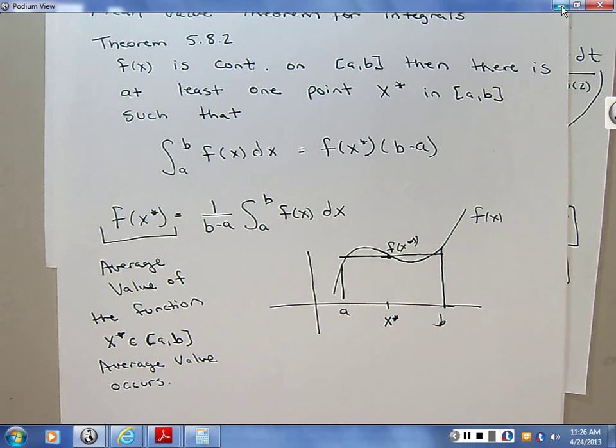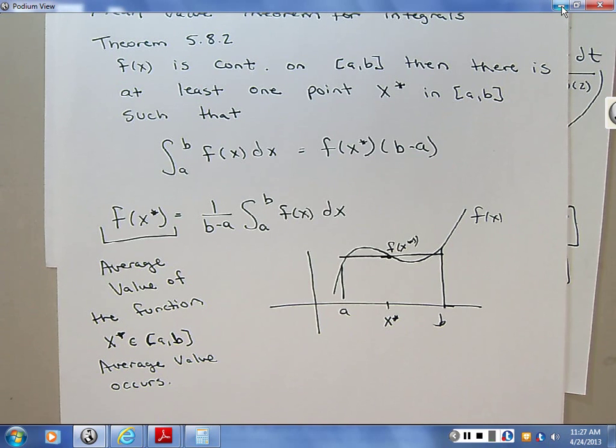Is that always an inflection point? No, it's not going to be an inflection point. So this height is f of x star, which is the average value. If I take the average value times the length of the interval, I'm going to get this area. This area is the same area as the area underneath the curve of the function from A to B. There's some point in there that's average.